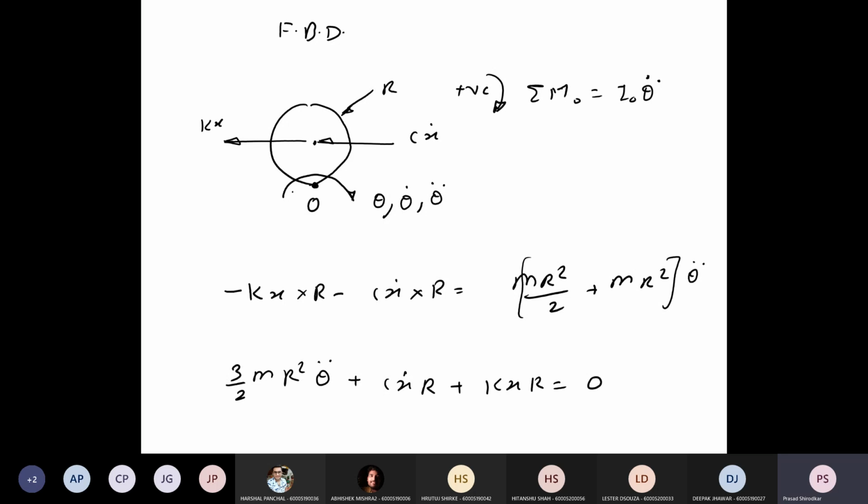Now x is R theta and x dot is R theta dot.